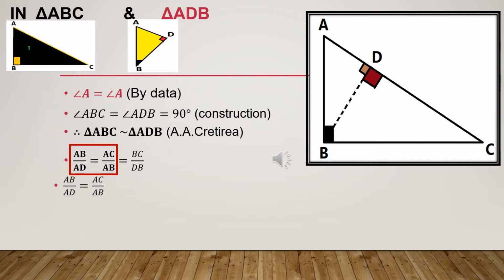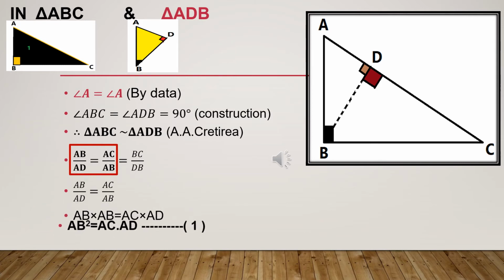AB by AD is equal to AC by AB. By cross multiplication, we get AB into AB is equal to AC into AD. AB into AB becomes AB square is equal to AC into AD, called as equation 1.